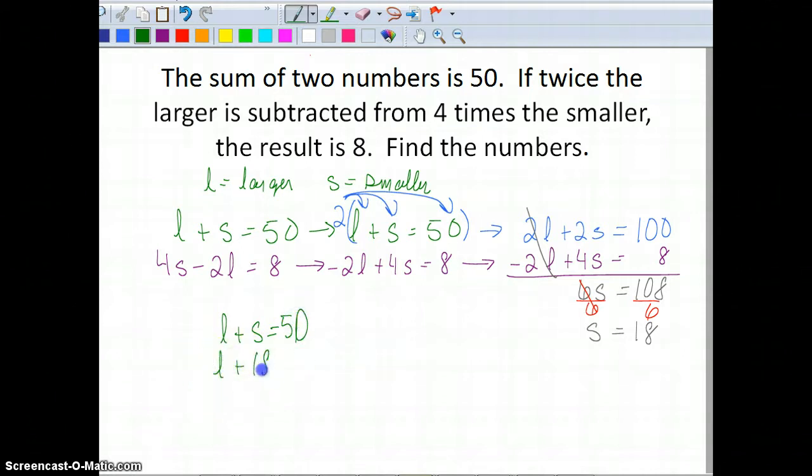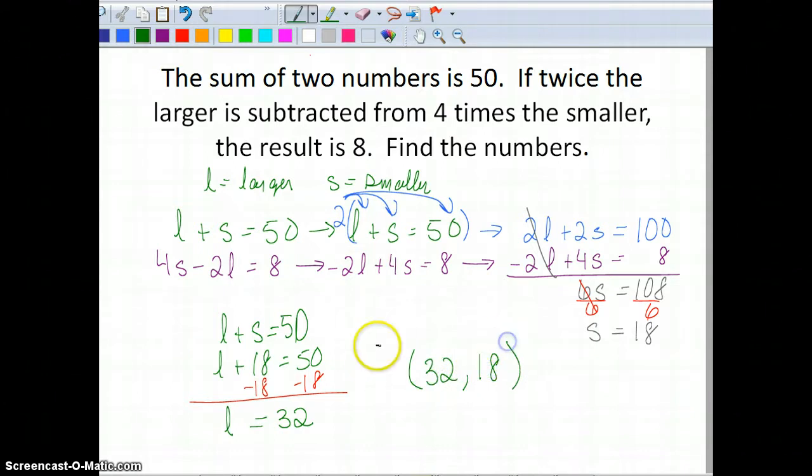L plus 18 is equal to 50. Subtract 18 from both sides. So L is equal to 32. So my solution is 32, 18.